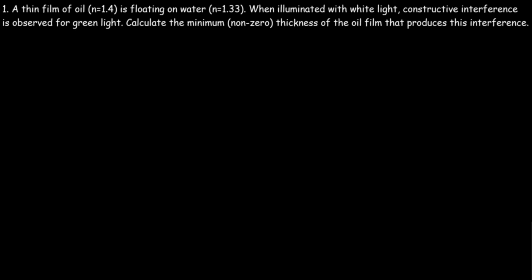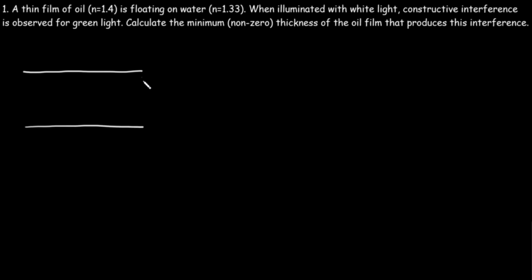So the first thing you want to do whenever you get a thin film interference problem is to draw a picture. We're going to separate this into 3 areas. The first one is on top of this top line, and that's usually air.